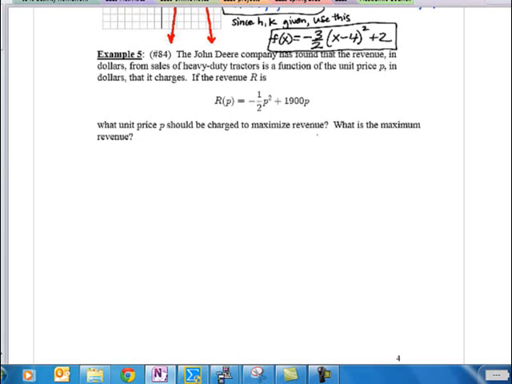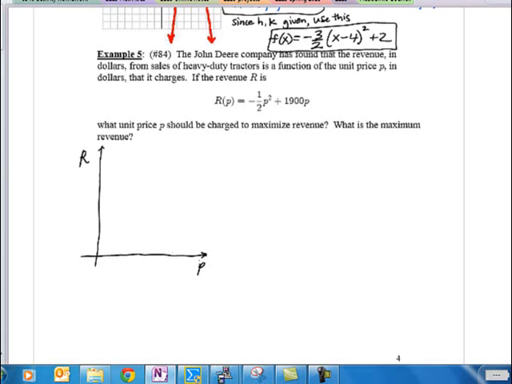So we should be able to answer this without a calculator, just thinking carefully about this graph. The independent variable here is the price, and we want to fix the price so that the revenue, which is the dependent variable, is maximized. Right? So we want to figure out what's the price that's going to give us the maximum R value.